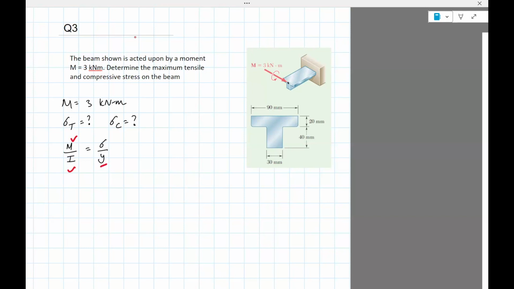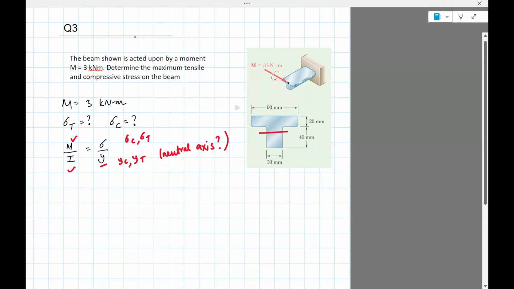We'll have two answers, one for yc and one for yt, which will give us the corresponding sigma c and sigma t. So we need to find where the neutral axis is first. Then once we know the neutral axis, we can compute what yc is.